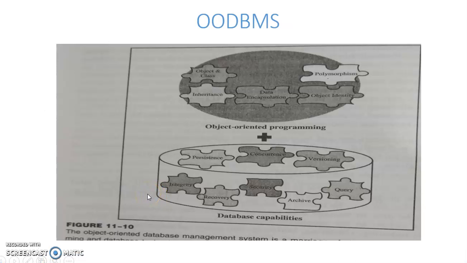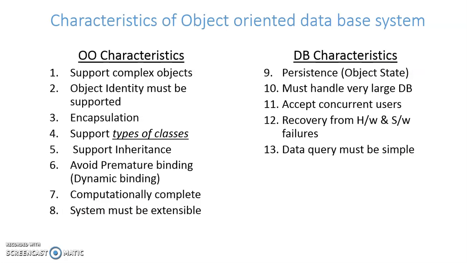The next topic is object-oriented database management system. The advantages of object-oriented systems and database management systems are combined together to form object-oriented database management system. Here are the different characteristics of object-oriented database management system.